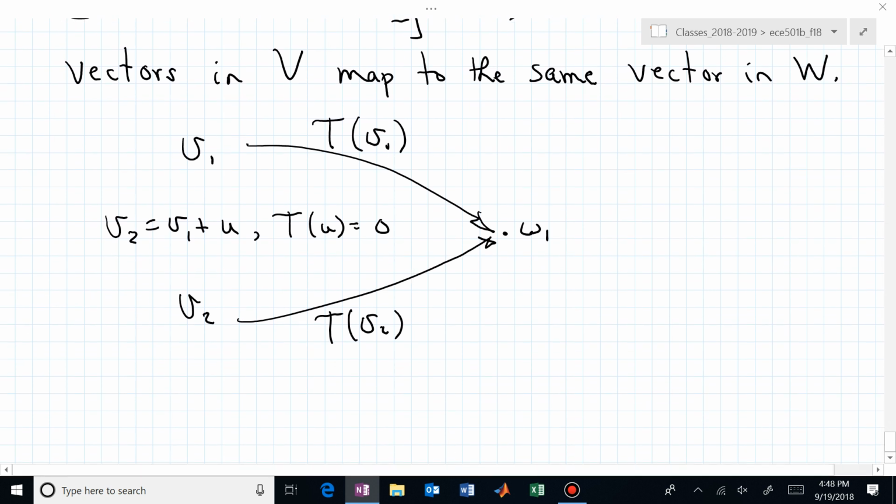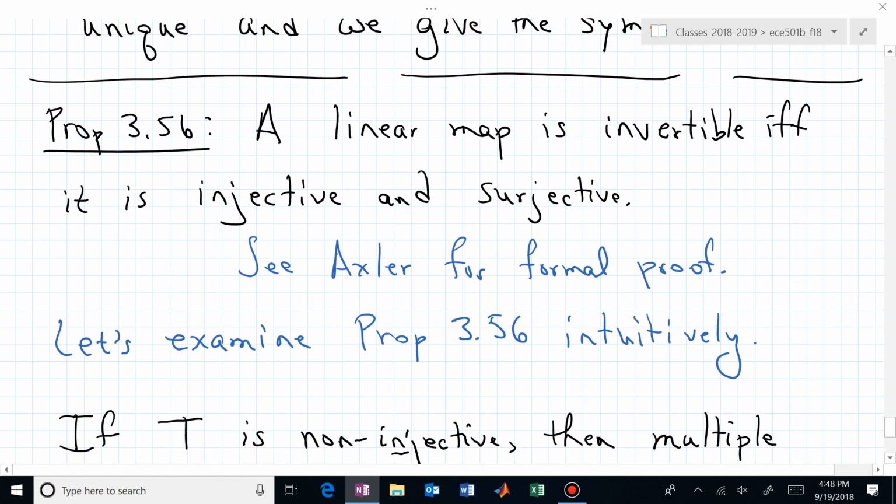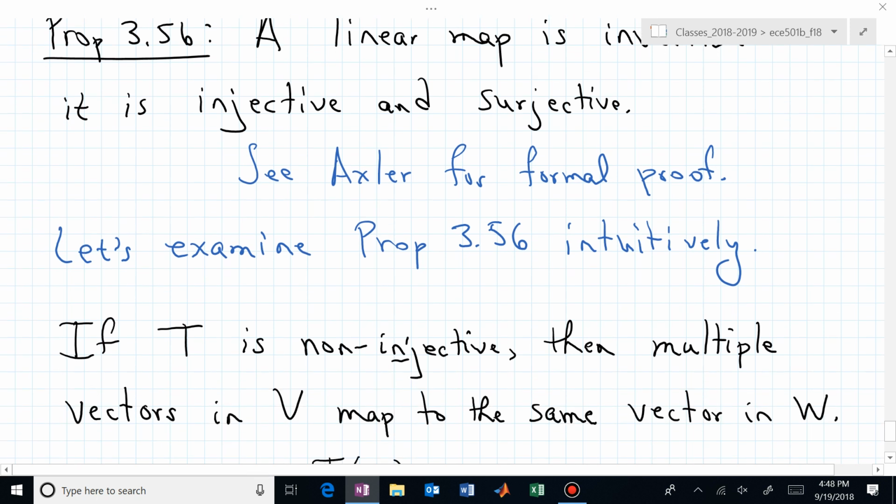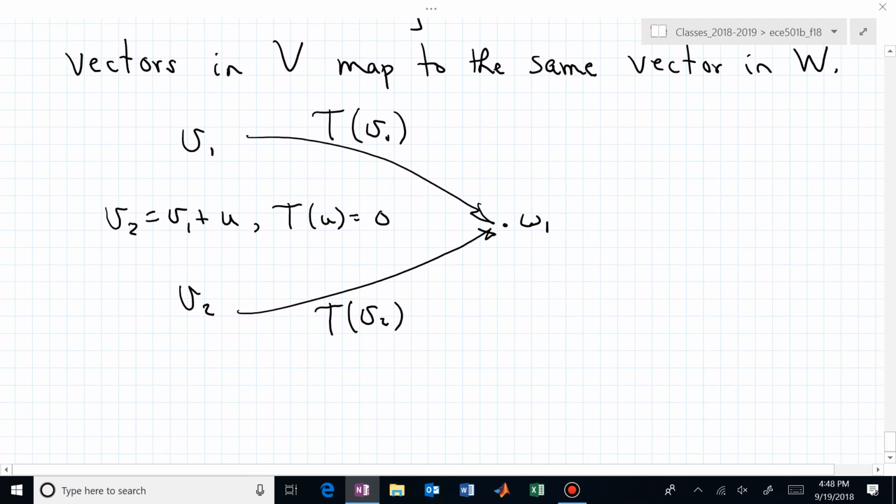Now, if T is non-injective, what are we really trying to show? We're trying to show that if we have an invertible map, then it has to be both injective and surjective. Why does it have to be injective? Here's a case where it's non-injective, and what does that imply?